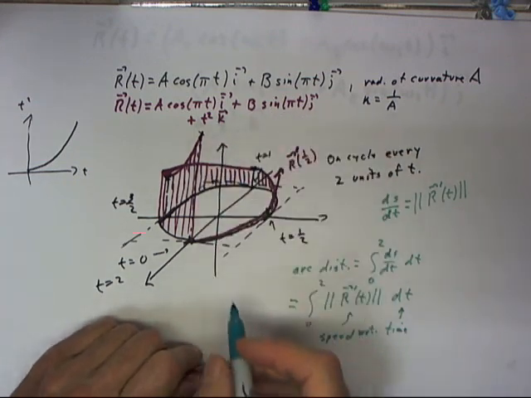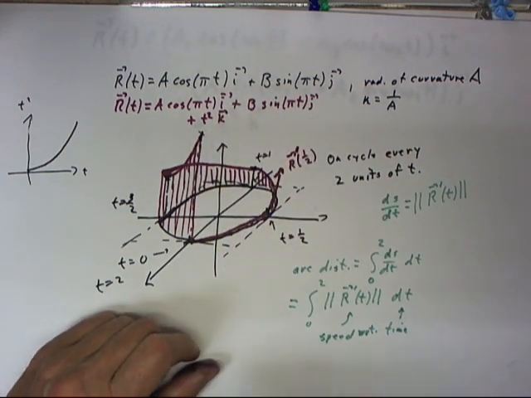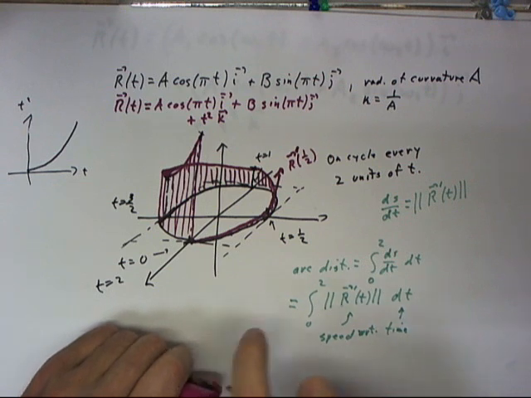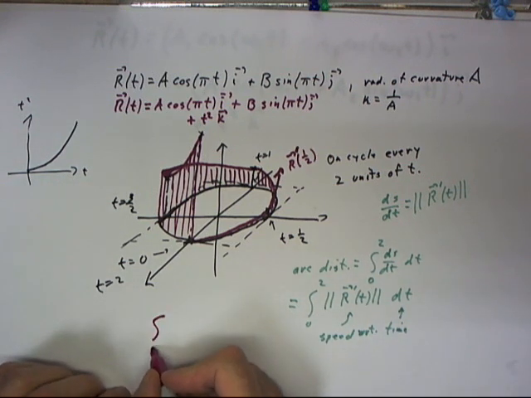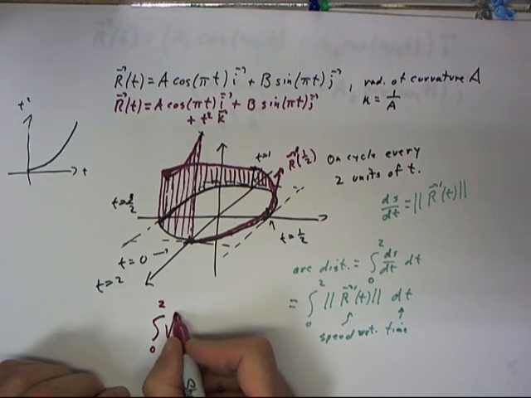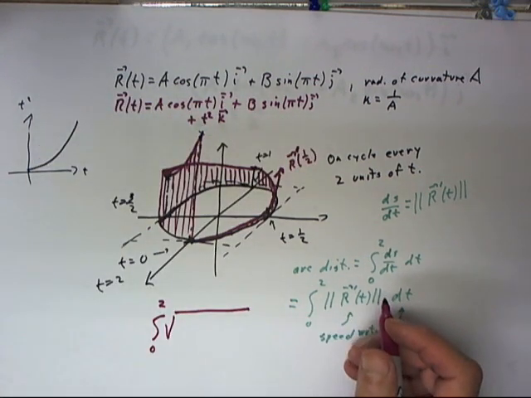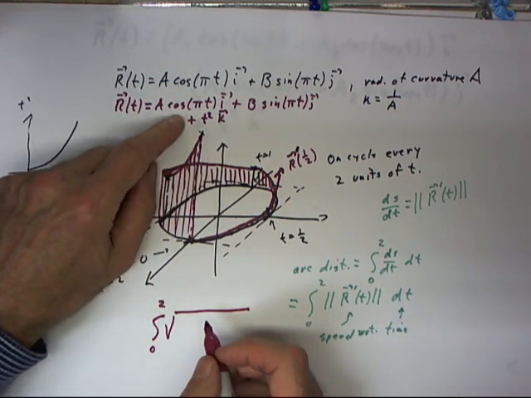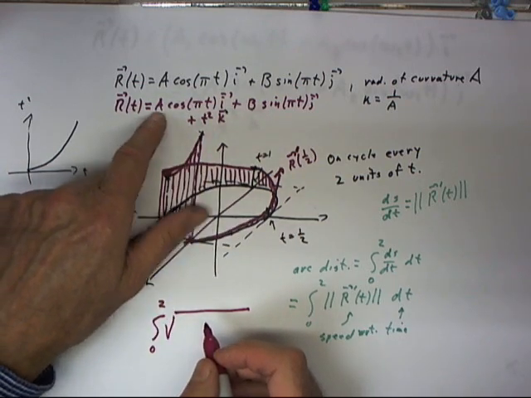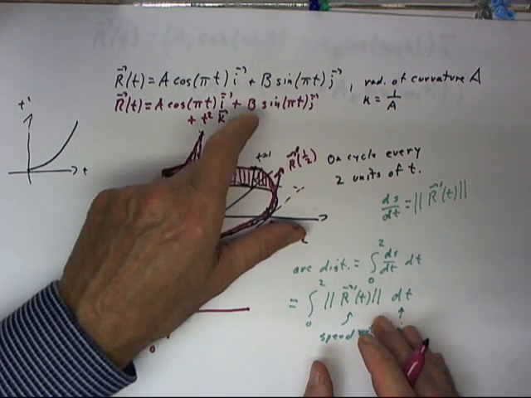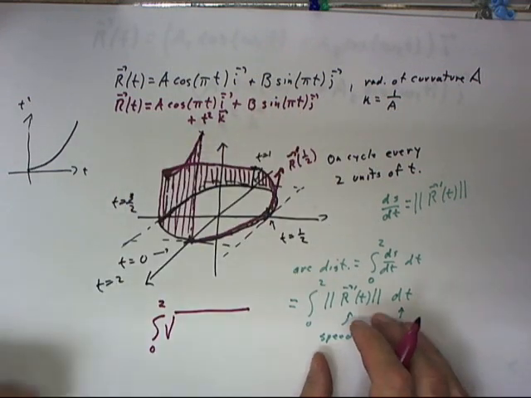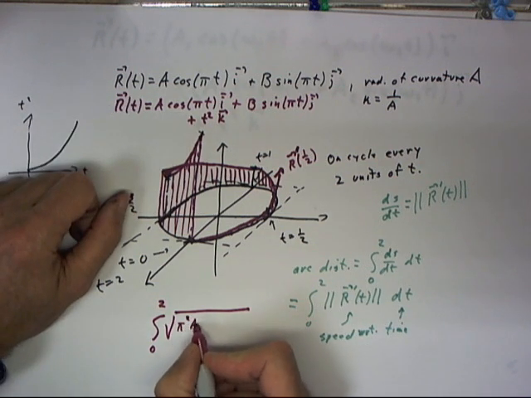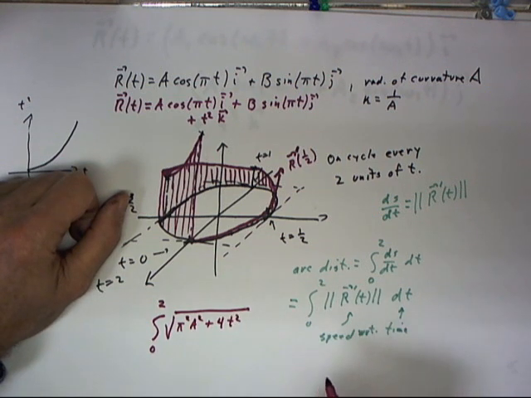then the r prime function for this curve, and I'll write that in the same color as I've used here, our arc distance becomes the integral from 0 to 2 of the square root of, now our r prime of t, we've calculated it, it's going to be pi a times the sine of pi t, negative pi a times the sine of pi t, and pi a instead of b times the cosine of pi t, and 2t here, and we've seen that that's simply pi squared a squared plus 4t squared.